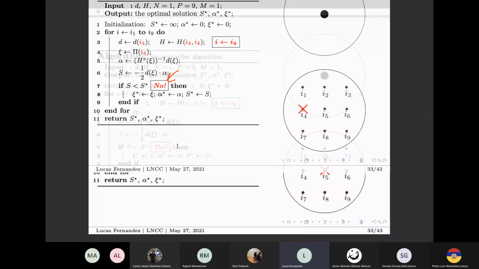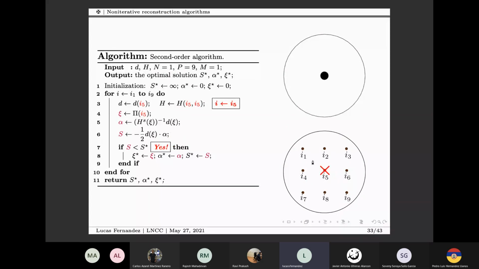And of course, the node I5 is expected to be the global minimum point because the obstacle is in fact located at this node. However, we are not sure about it at this moment, okay?